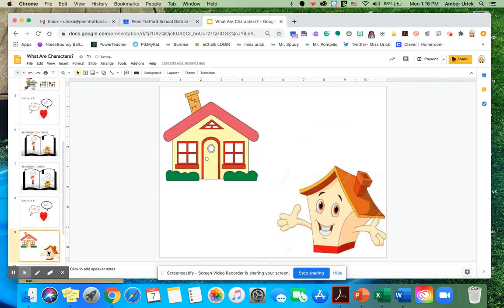So I have two pictures of two different houses, and I want you to take a minute and stare at them, and think about which house would be considered a character in one of those types of movies or books or pictures on a wall. Which one would be a character?